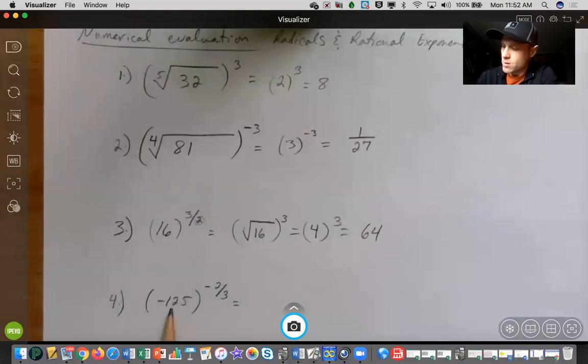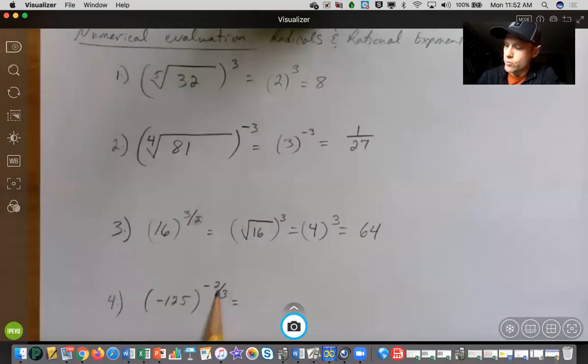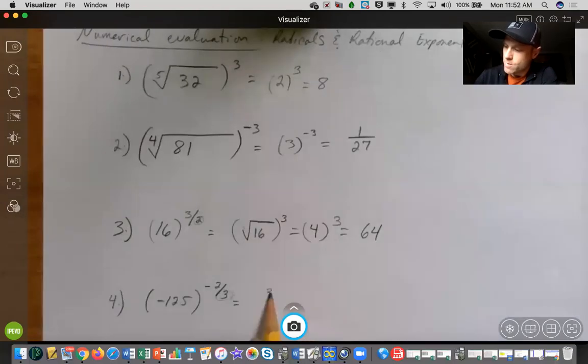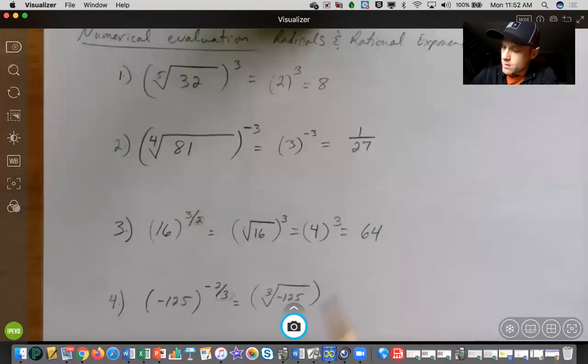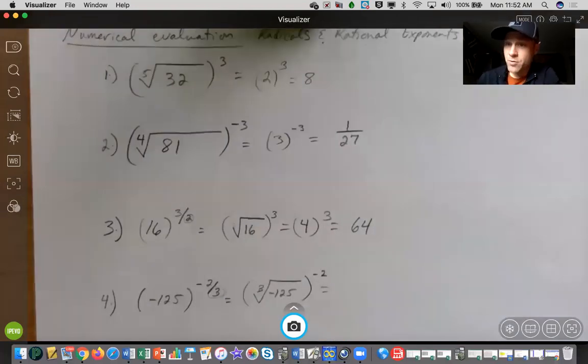So here we're doing a cube root of negative 125, all being raised to the negative 2 power. The index is the denominator. So right there we have the cube root of negative 125 to a negative power. Now with a cube root of a negative, you can actually do that. We can't do even roots of negative numbers, they're imaginary.